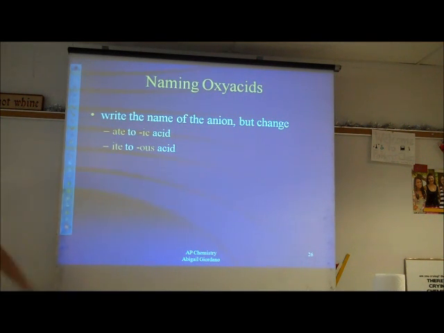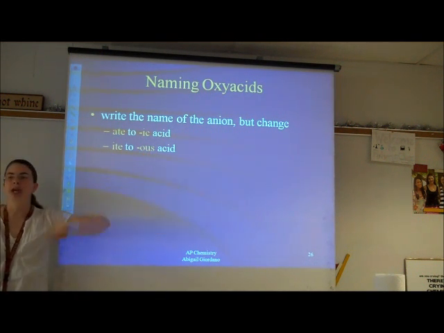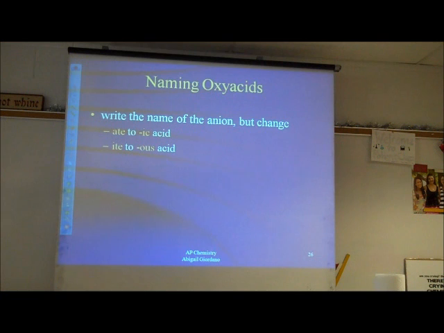If the polyatomic ion ends in -ite, like phosphite, it changes to an -ous ending. It would be phosphorous acid. And years ago, my students came up with this little way to remember it. It's really stupid, but it'll help you remember it.